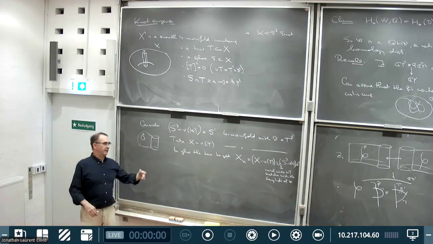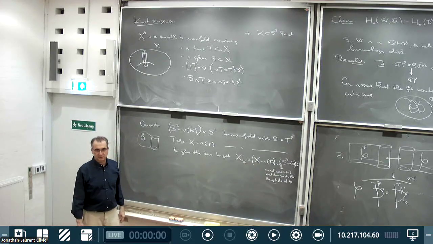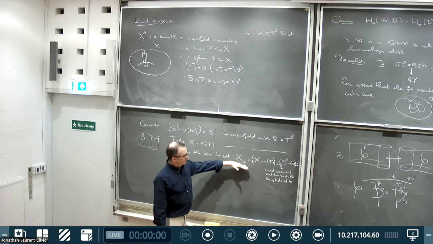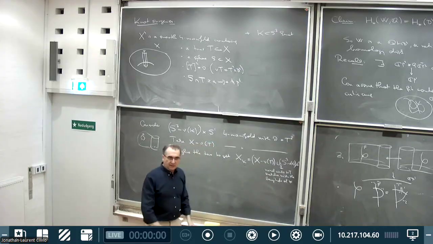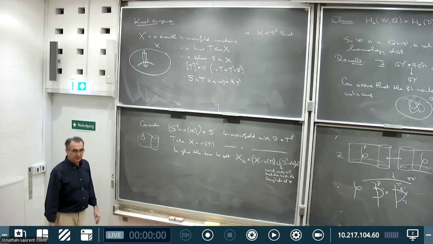Otherwise, we take whichever map we like. So this is not completely well defined. It does depend on phi in some cases, but that's okay.